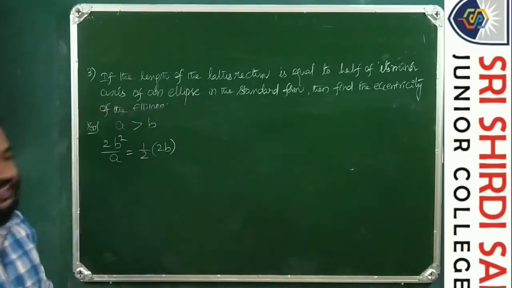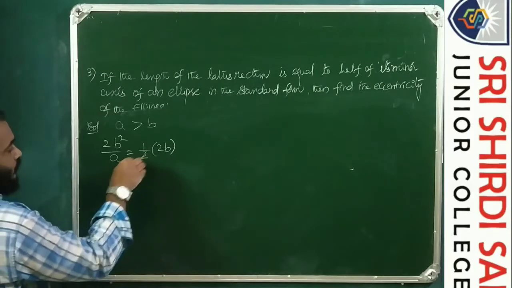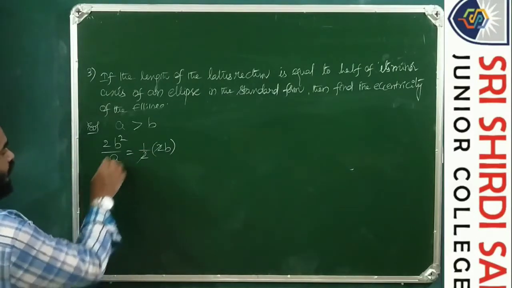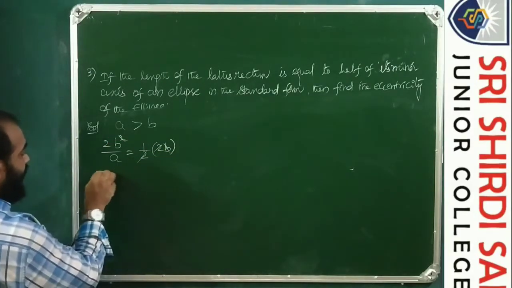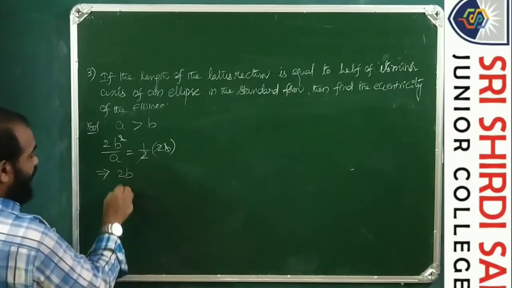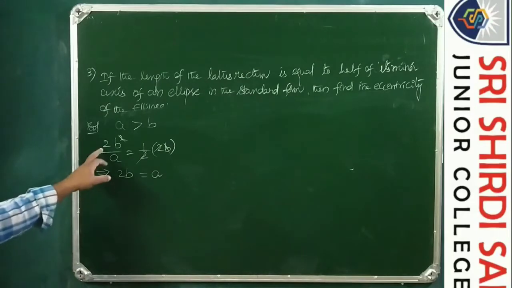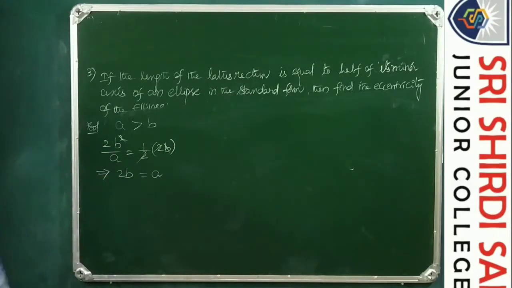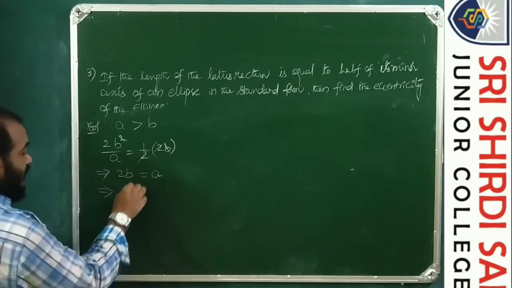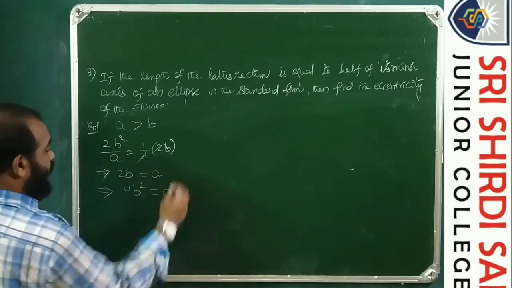So this is the data that is given to us. So 2 gets cancelled, and this b gets cancelled. So 2b is equal to a. From this, squaring on both sides, 4b square equals a square.